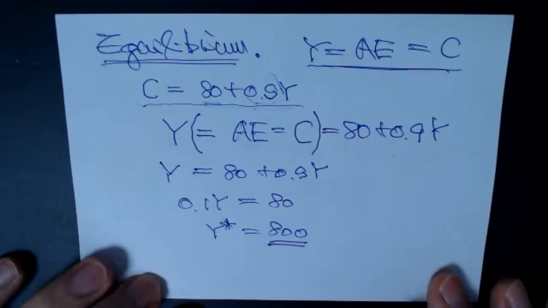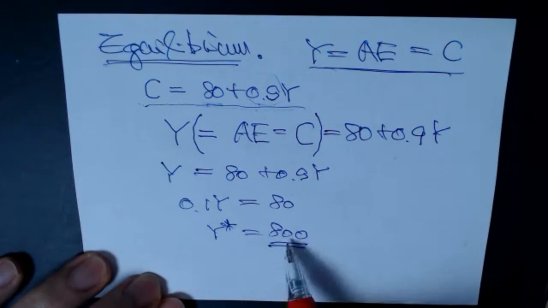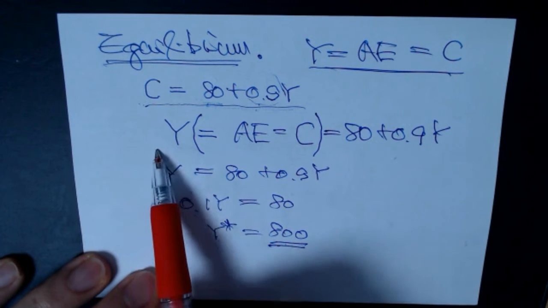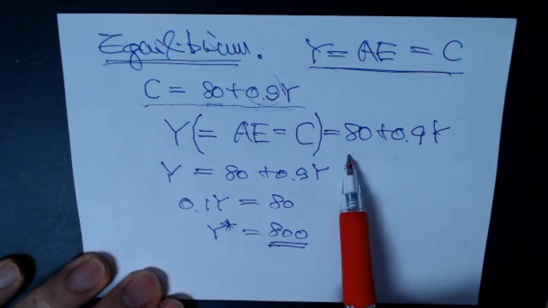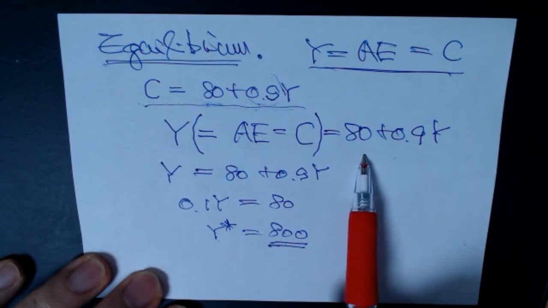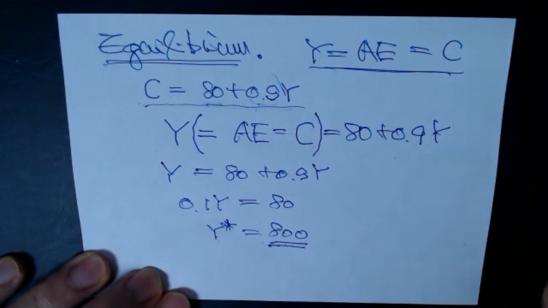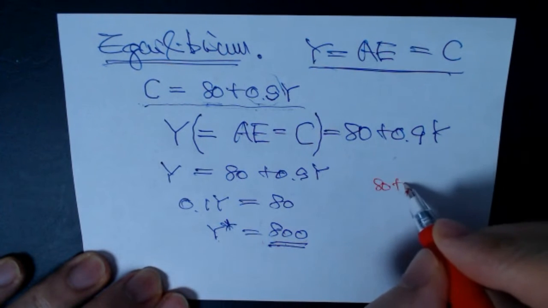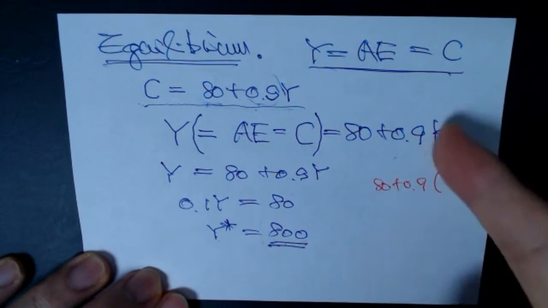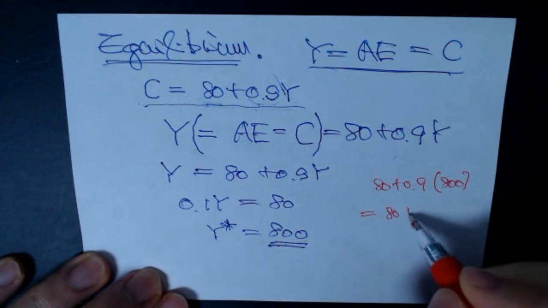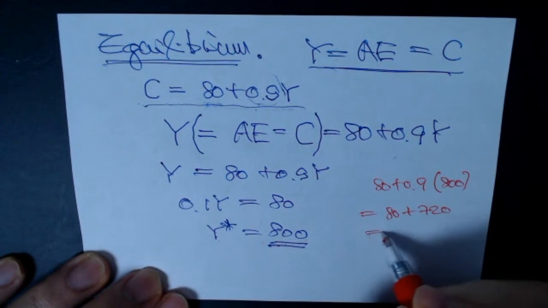I believe that some of you are lost, certainly. Why do we have 800 and what is the meaning of this? I said this is the amount of output that this economy should produce to satisfy consumption. So let's check whether this 800 is really enough to satisfy consumption. We just replace Y with 800. So 80 plus 0.9 times 800 is 800.